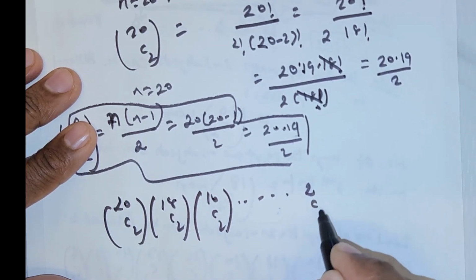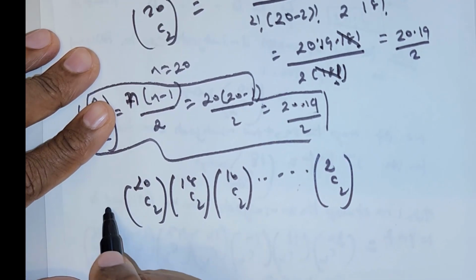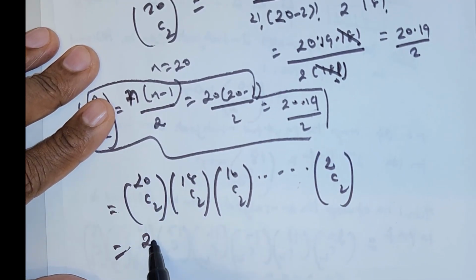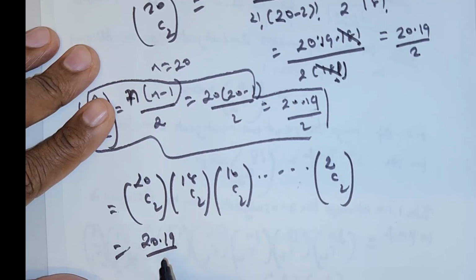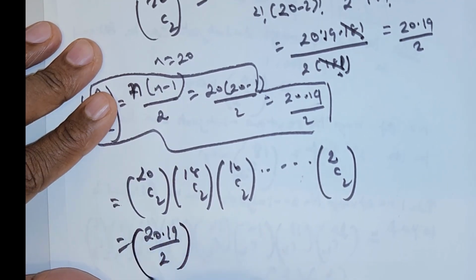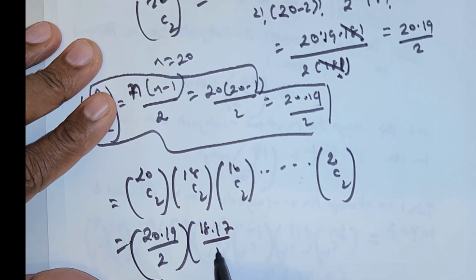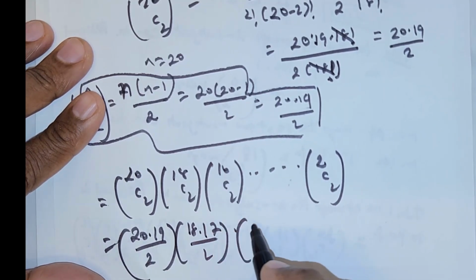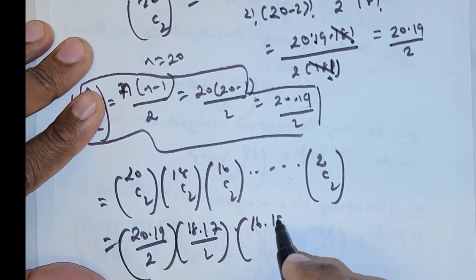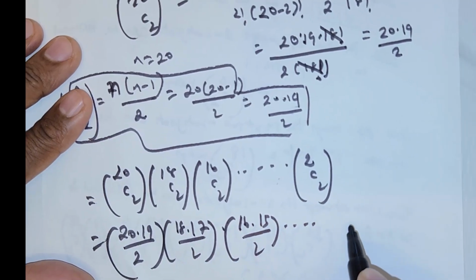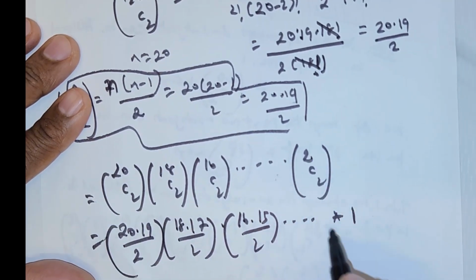All the way to 2C2 as follows. This is going to be 20 times 19 over 2, this is going to be 18 times 17 over 2, this is going to be 16 times 15 over 2, and so on and so forth up to the last term, which is going to be 1.